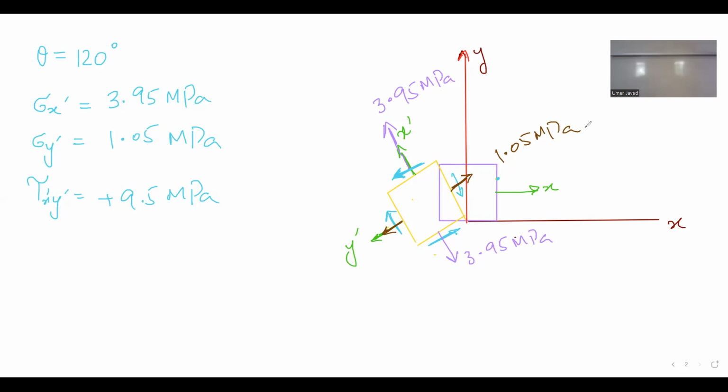If someone has given you a tau x prime, y prime negative, then you make the arrow in the clockwise sense, and for the rest of the two surfaces, it has to be opposite to this. If right now this is anti-clockwise, this will be clockwise because of the static equilibrium. So my only point is always focus on the x prime surface and subsequently go for positive or negative. Now you can discuss, and then if you're still not clear.